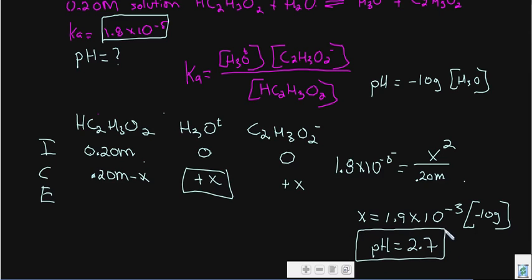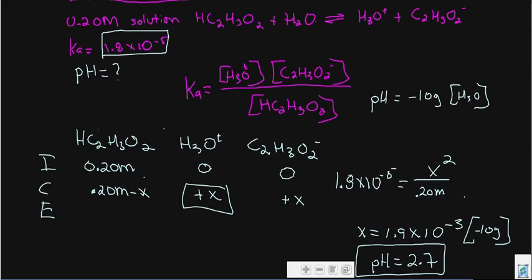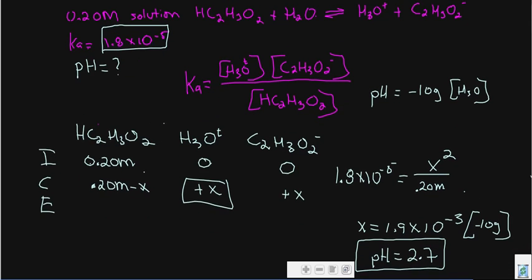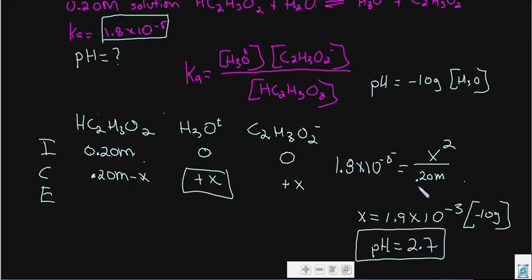So that's our pH. If you are to throw in an initial concentration of 0.2 molar acetic acid, it will dissociate, producing some hydronium ion concentration, and that is going to calculate out to a pH of 2.7.